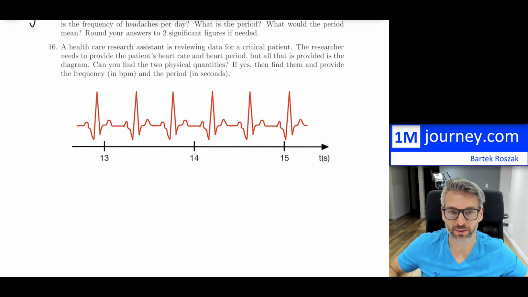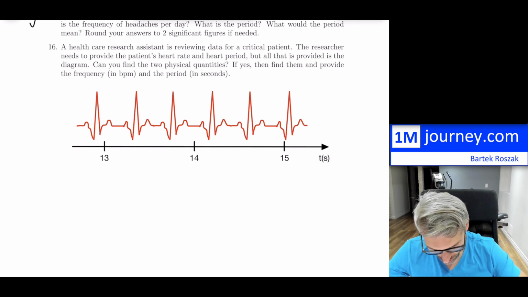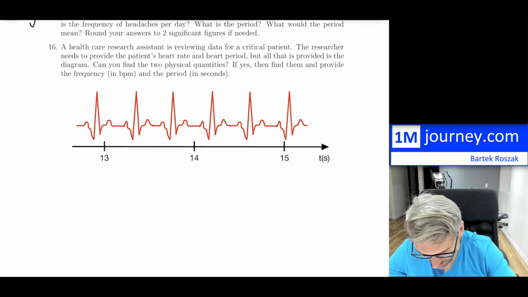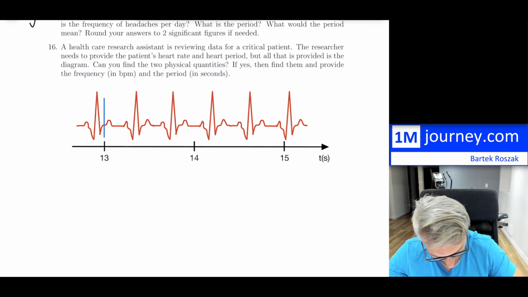We have the time scale there, so we can try to see what this would be in terms of its frequency and so on. So how am I going to try to do this? Notice right here, I'm going to try to measure somewhere between here.